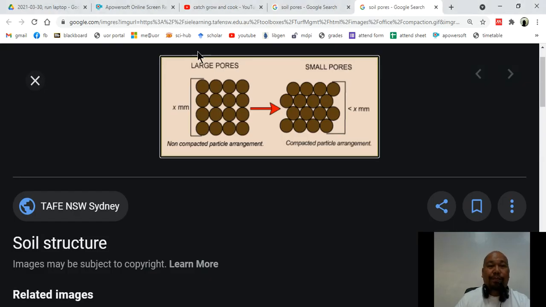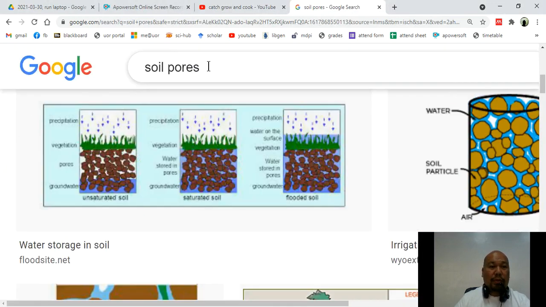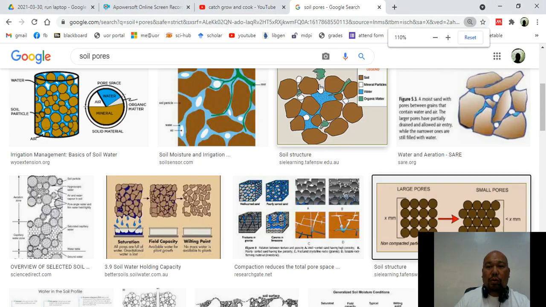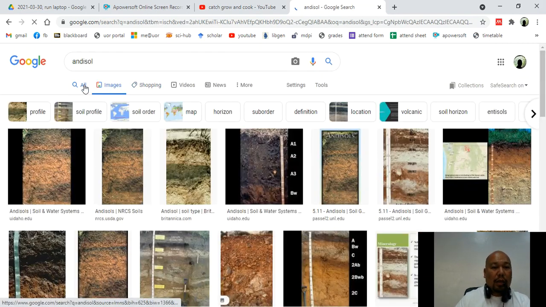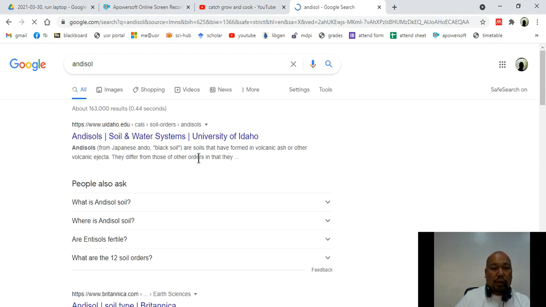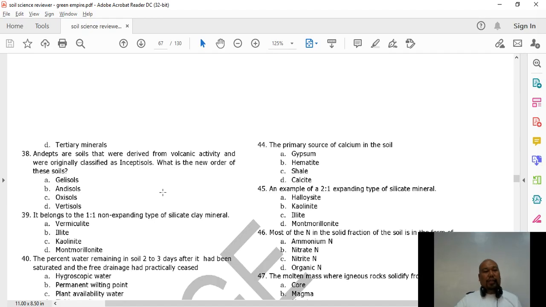I'm not sure, maybe I'm wrong. Andisol. Soils that have formed in volcanic ash or other volcanic ejecta. I just remember this one. I've been through this before. Ma'am is the master of this.